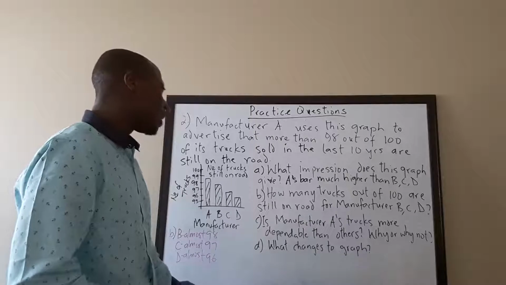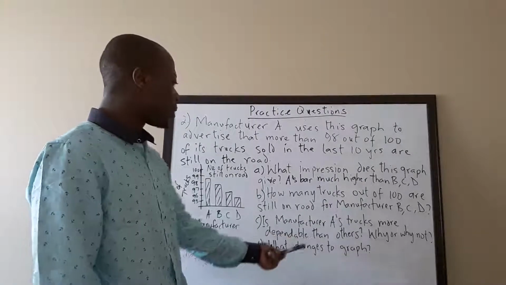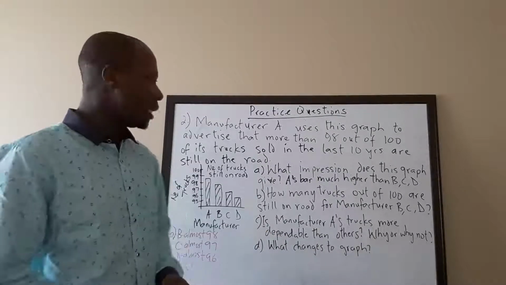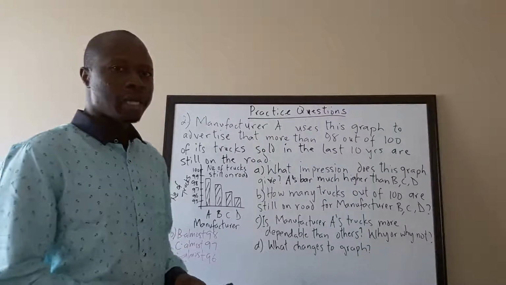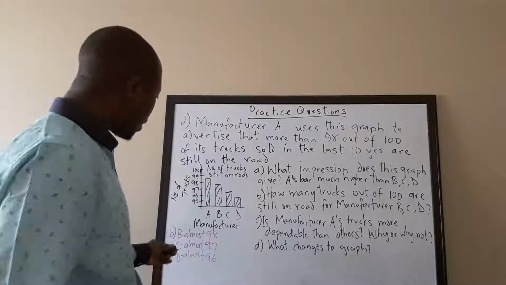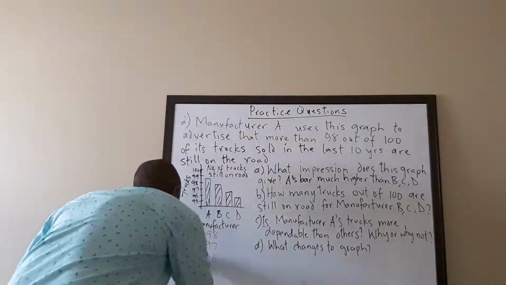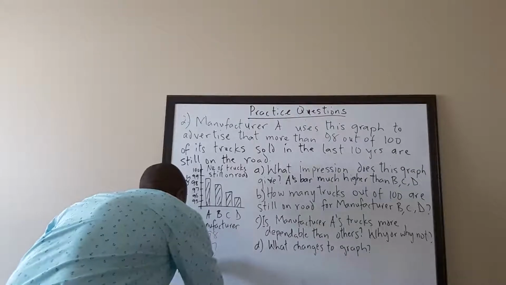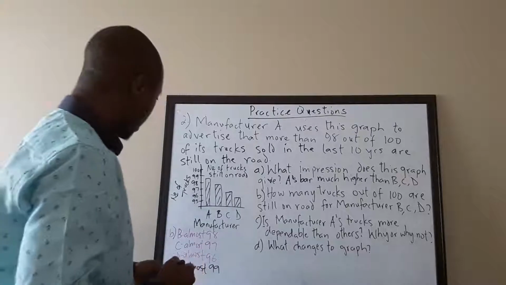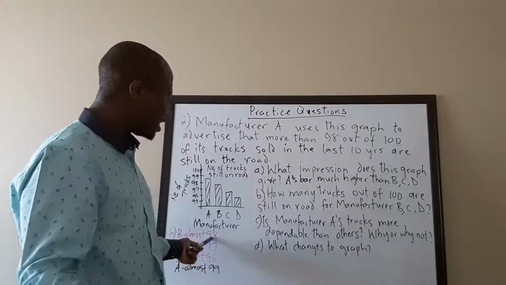Now question C asks, are manufacturer A's trucks more dependable than B, C, and D? Why or why not? Well, if we compare this to manufacturer A, which is almost 99, what's the difference between 99 and 98?